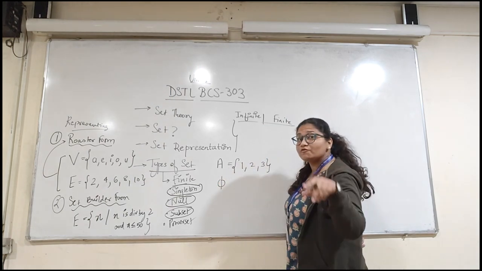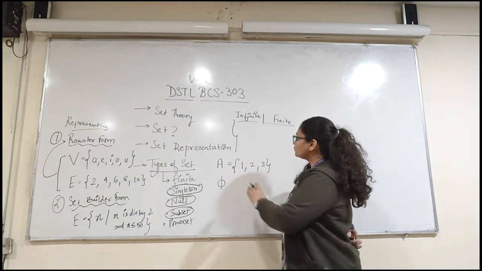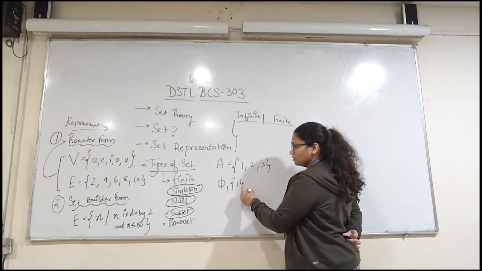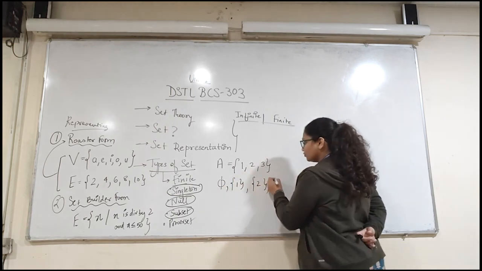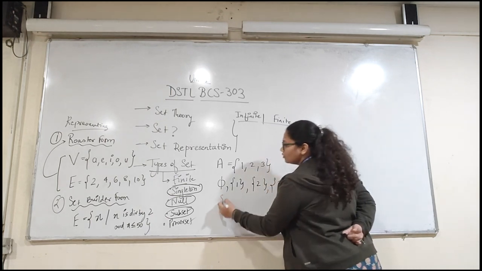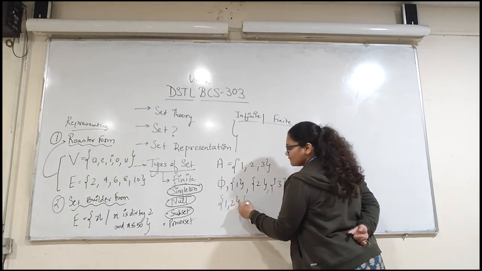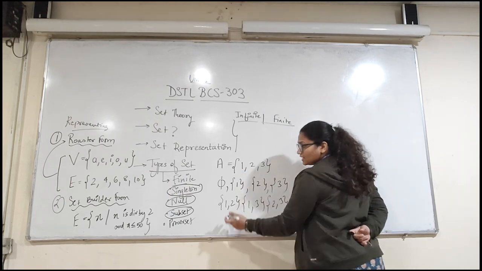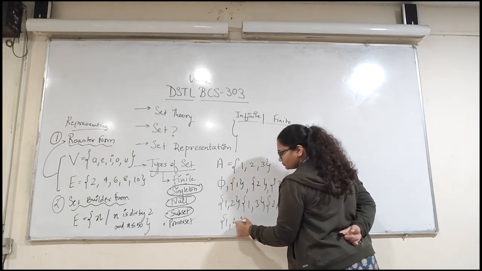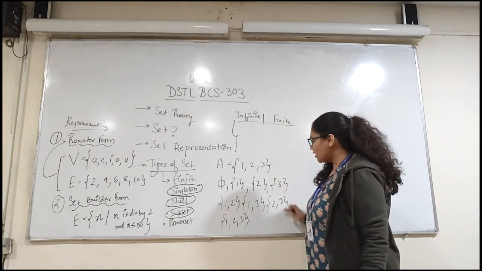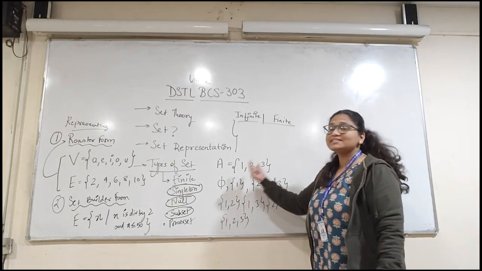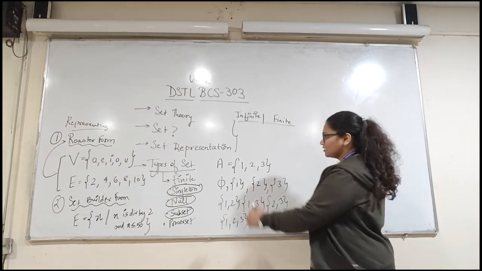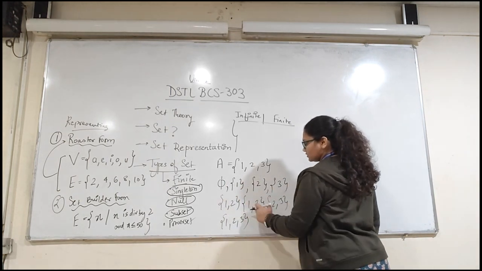Null set will always be a subset of any set. Then {1}, {2}, {3}, {1, 2}, {1, 3}, {2, 3} and the set itself. These all are the possible subsets of this single set which has 3 elements. Now if we count the subsets, these are 1, 2, 3, 4, 5, 6, 7 and 8.